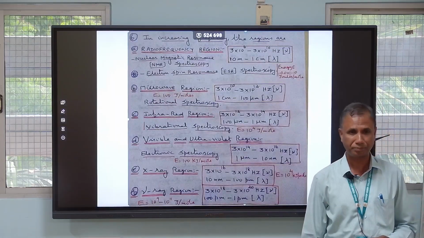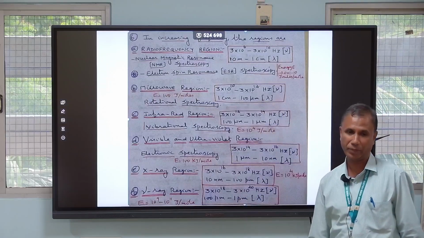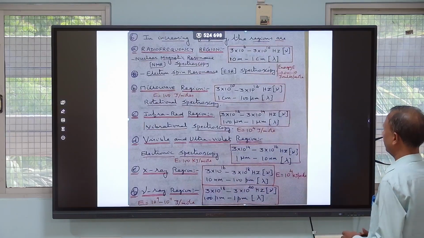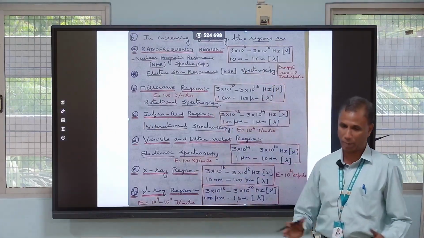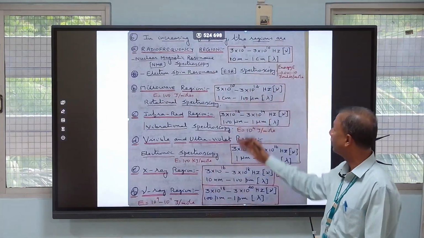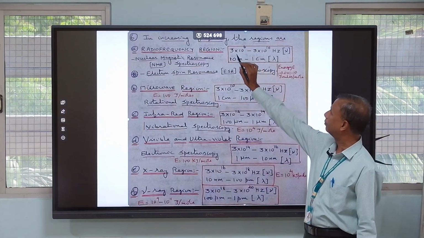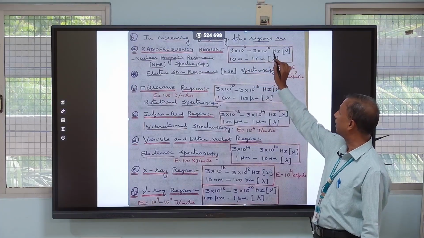Now come to the regions. So what are the regions? Here we arrange the electromagnetic spectrum in increasing order of their frequency. Now we start from the radio frequency region. See here, the frequency is 3 × 10^6 to 10^10 hertz.